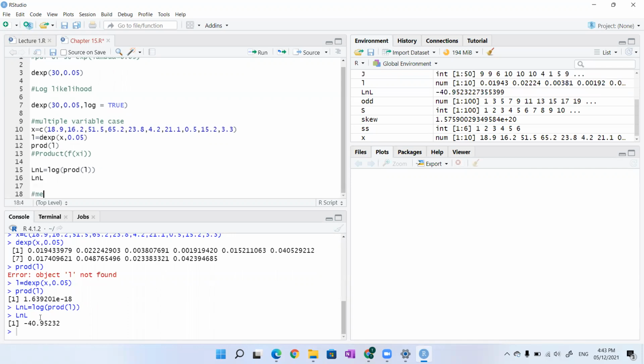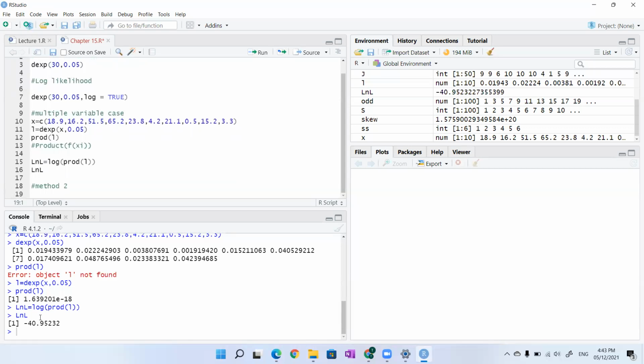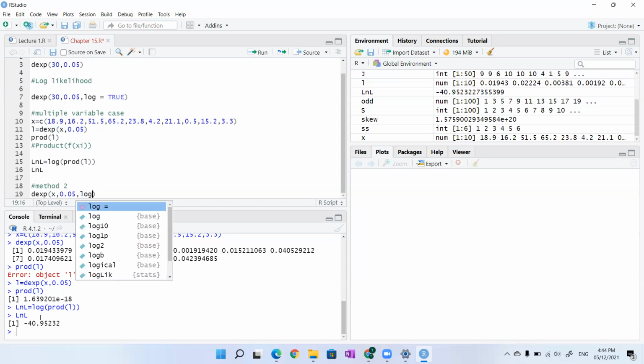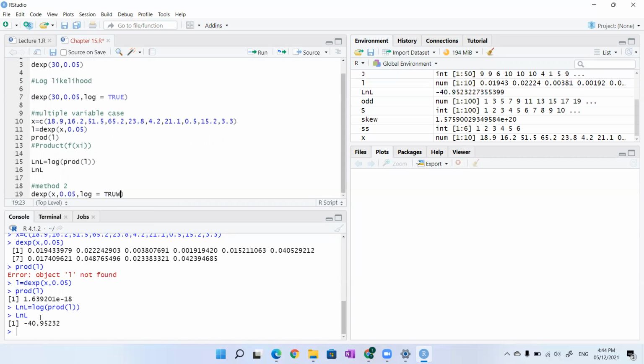You could do it in some other way also. This is method 2 I'm teaching you to find the log likelihood. First things first, you will copy paste this DEXP. Now I will put log is equal to true here, as done in the first case, directly for the log likelihood.